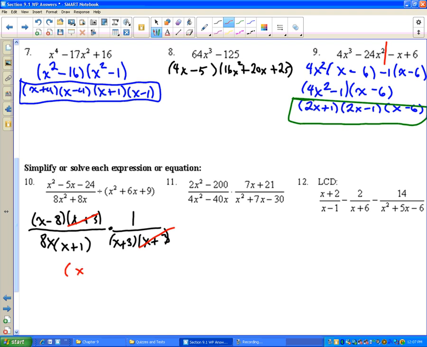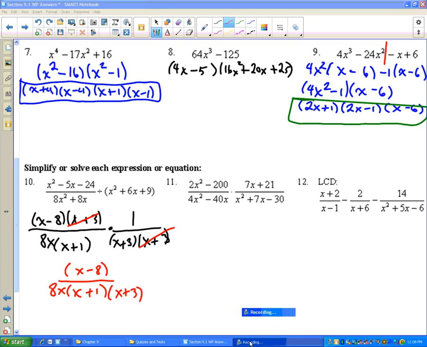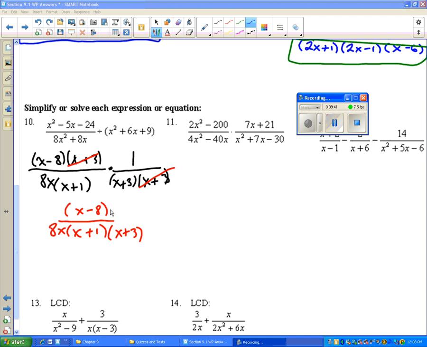So I end up with x minus 8 over 8x times x minus 8, that's a lie, 8x times x plus 1 times x plus 3, and that should be my answer. So again, this is my answer.